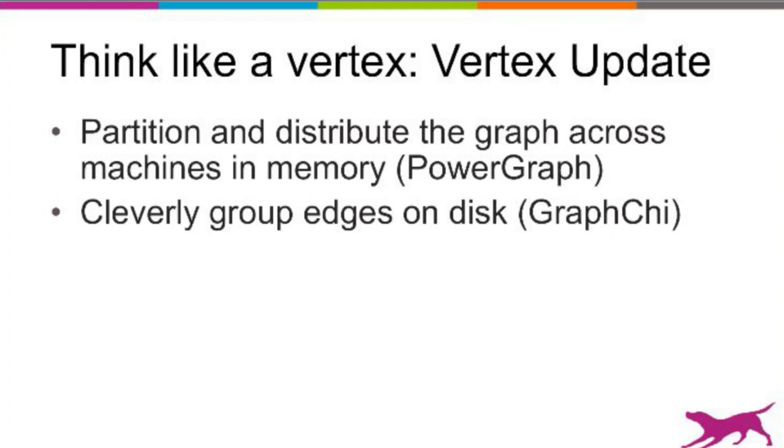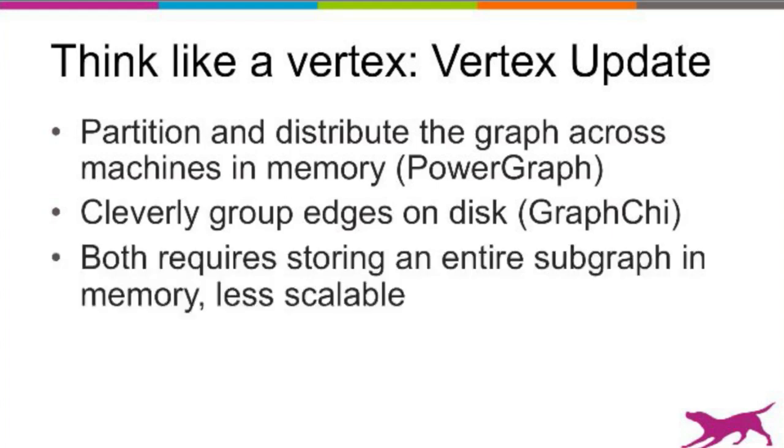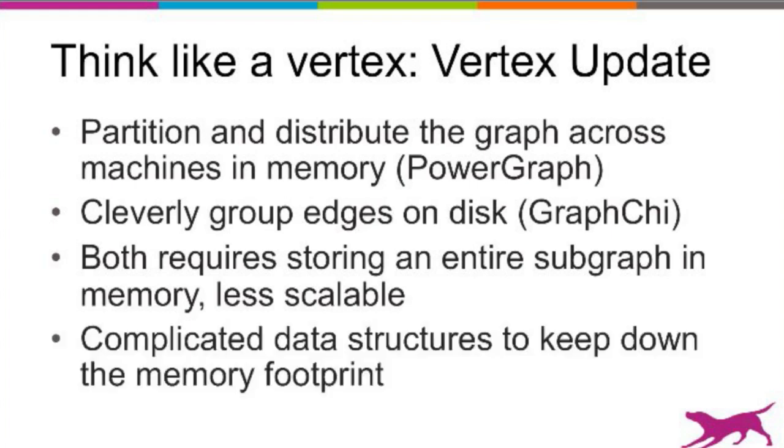But ultimately, they both require storing the entire subgraph in memory, including vertices and edges, which makes them less scalable. And they also require complex data structures to keep down the memory footprint.